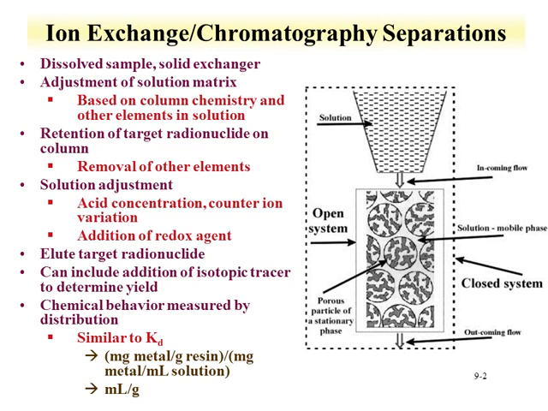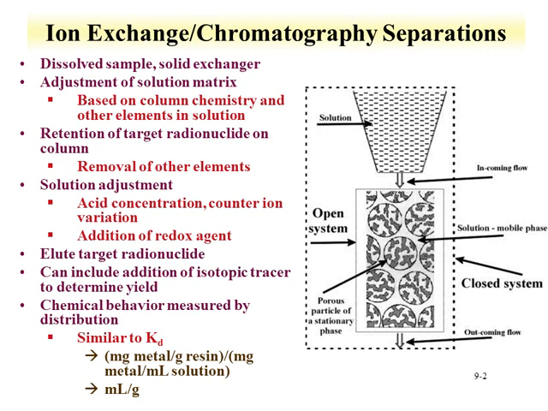But this is often not done, as you have chances of having the non-target, non-specific radionuclides come through along with your target. The solutions can be adjusted, just as we talked about with the solvent extraction system, where we could extract into an organic phase based upon acid concentration.